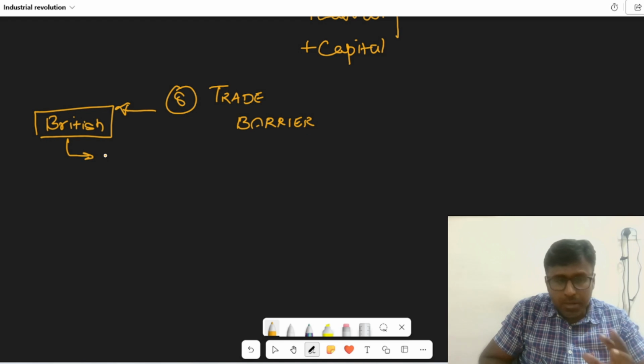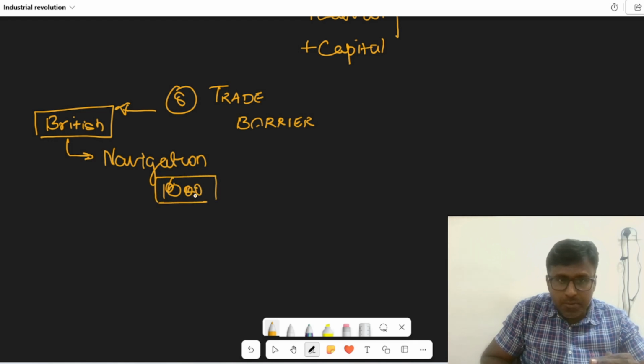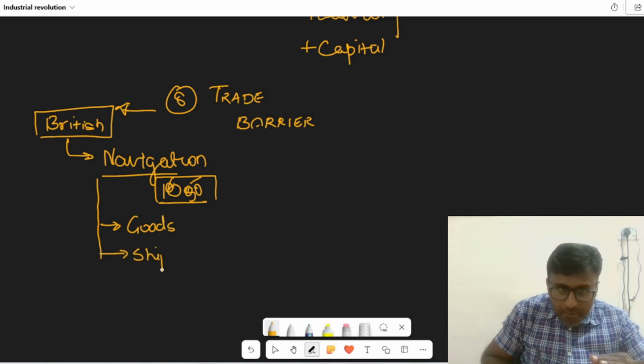That was a later thing, but what they had was their own goods. Look at what they did. Navigation Act, 1651. They said that only their goods have to be traded, and only their ships have to be used for trading.